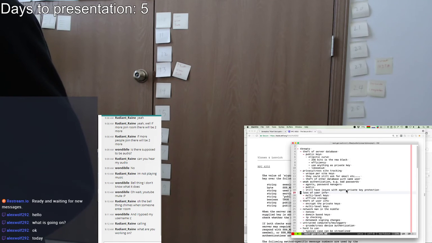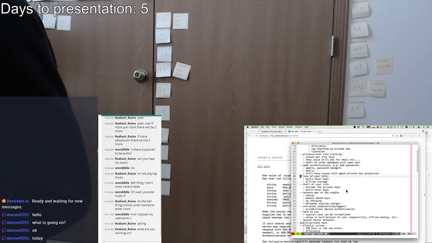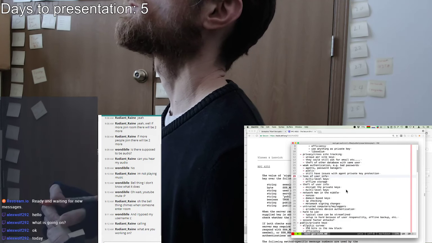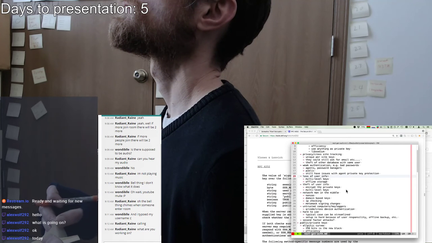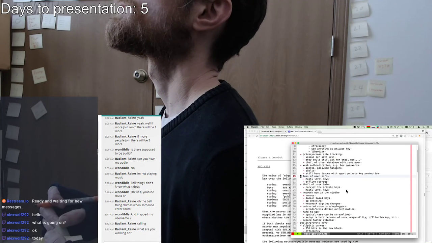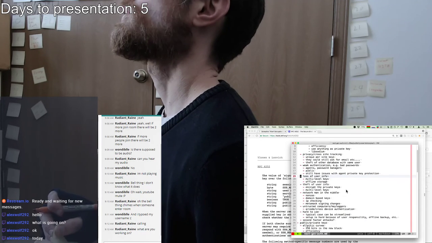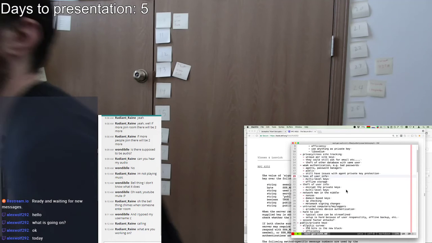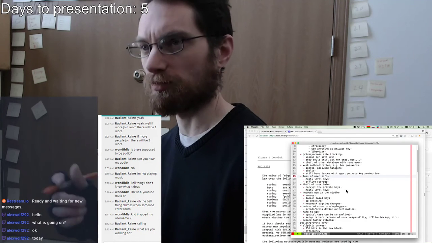And I also had, I don't know, hard to use, user error, and second factor attacks is like stealing a phone SIM that is used for SMS codes.